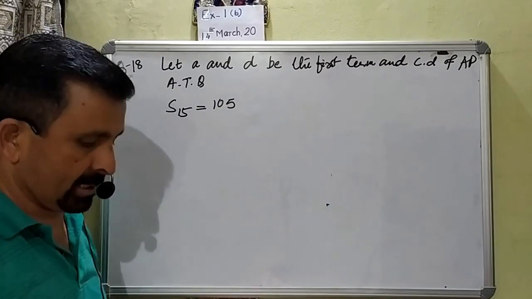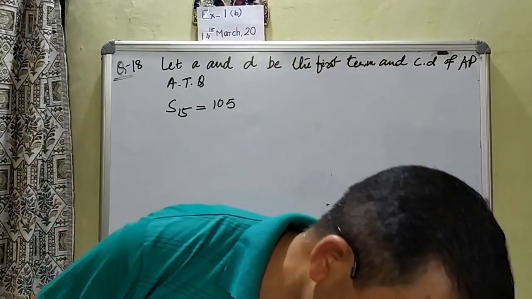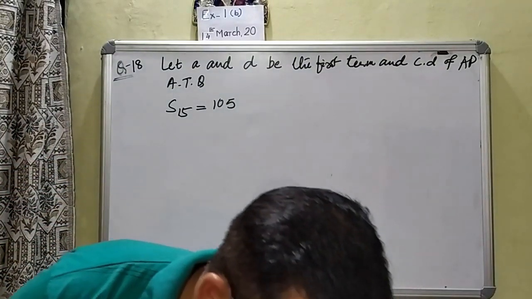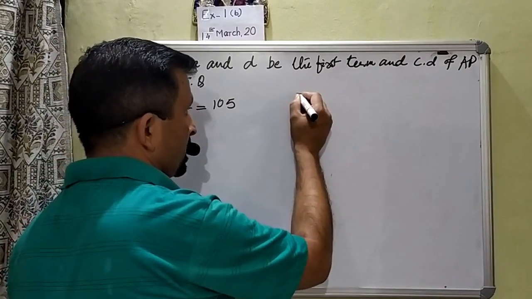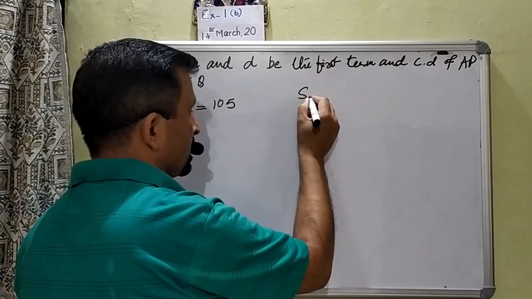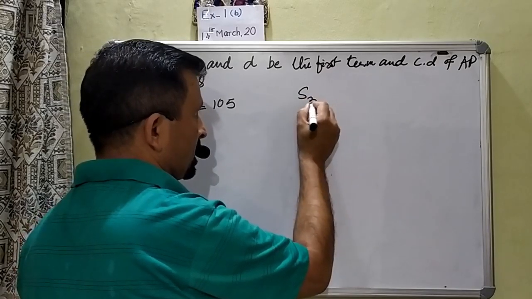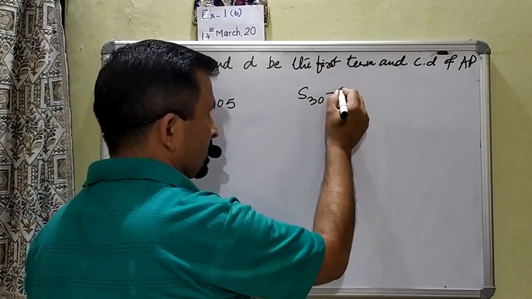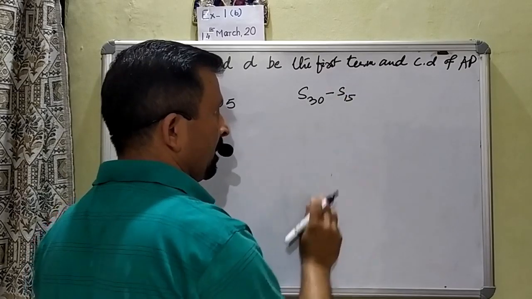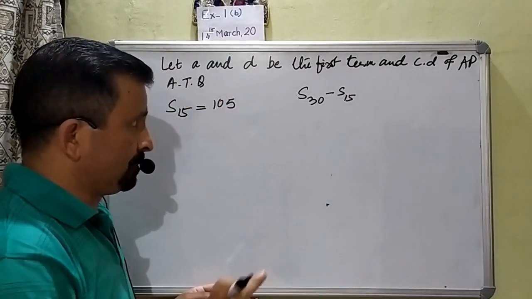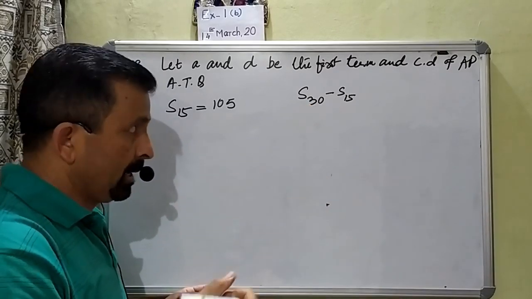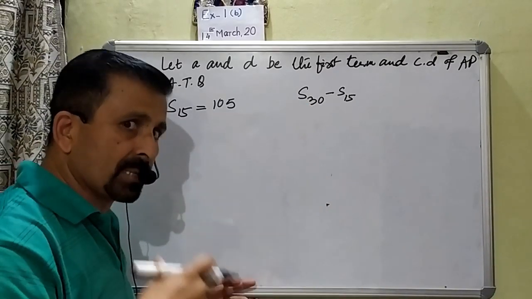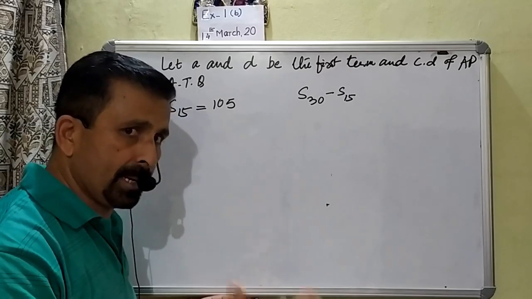Now how do we write this, the sum of the next 15 terms, which is 780? We can write this as the sum of 30 terms minus the sum of 15 terms. Now this will give you a very clear picture. We actually want the sum of the next 15 terms.